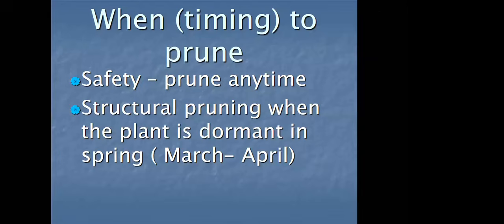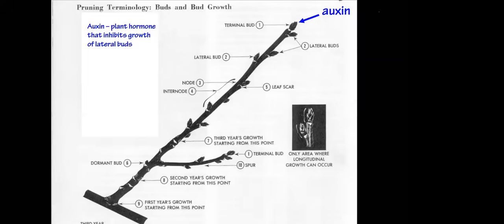And so what auxin does is, auxin is found in that terminal bud, or that apical bud. And so it's really important for you to know that when you prune off a branch from the terminal bud back, you remove the auxin that is there, and that auxin helps control those lateral buds.